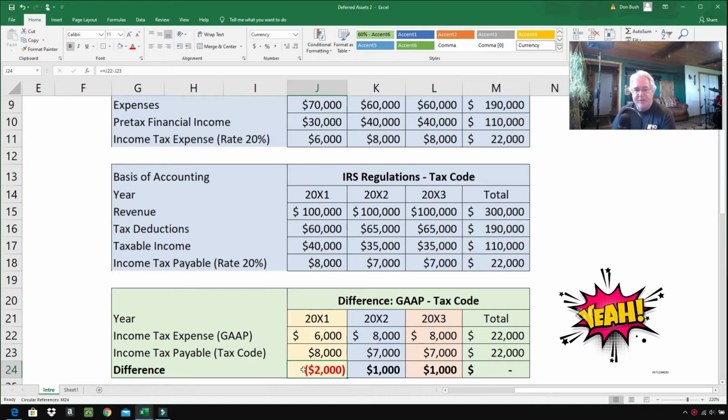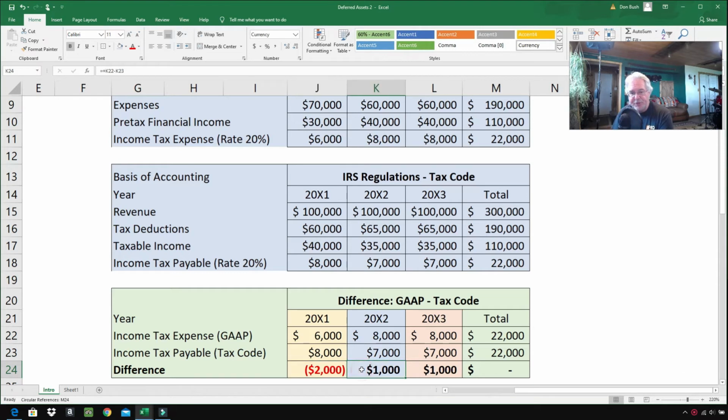So this temporary tax difference of $2,000 is going to get reversed out in 2002 and 2003, which it does here. So the income tax expense in 2002 is $8,000. The income tax payable is $7,000, so the deferred tax asset is being reversed out. Same thing in 2003. By the end of 2003, it is totally reversed out.